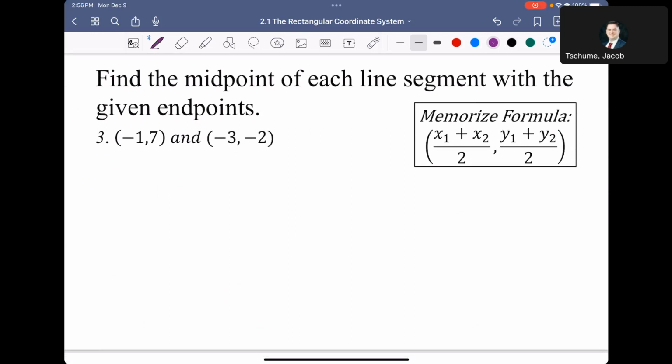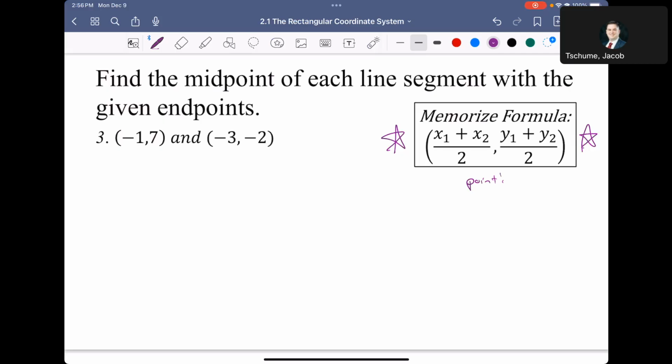So as you can see in number 3, we have the point -1,7 and the point -3,-2. This formula over here on the right in the black box is how you will find the midpoint of this line. So one thing to notice is that midpoint, it's in the name, is a point.